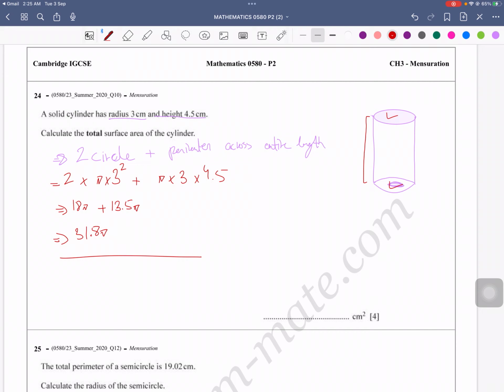Just a quick fix: I forgot the 2 for the perimeter over here. It's 2 pi r, right? That is what I was cross checking in the mind for.